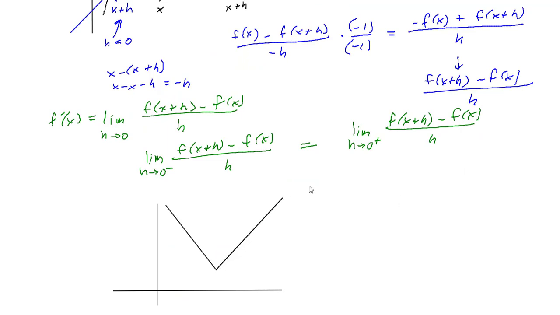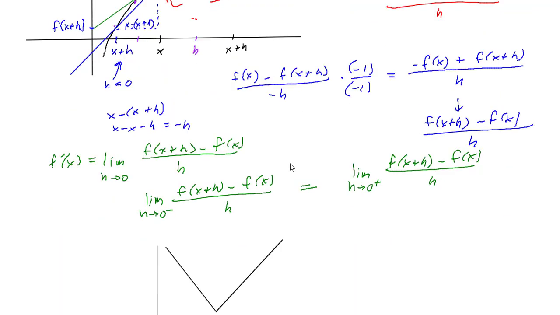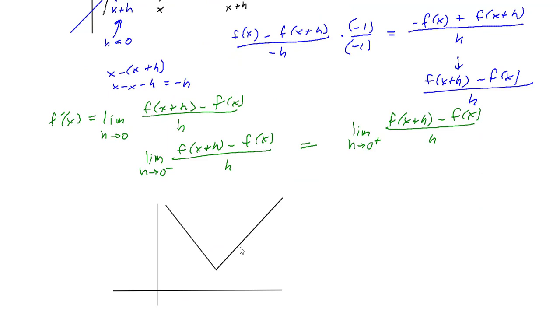If you're familiar with an absolute value function or a graph that looks something like this, we have this sharp point or sharp corner. If you use this same type of analysis that we did up here, look at finding the derivative from the left and the derivative from the right. In this case, you can see the derivative from the right is this positive slope. Let's say it's positive 1 slope.